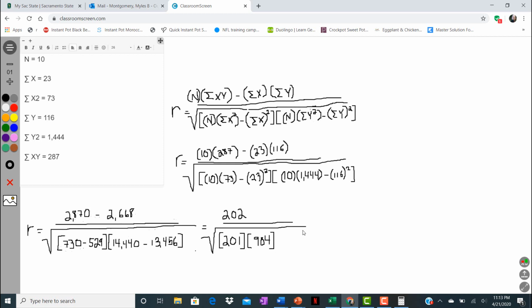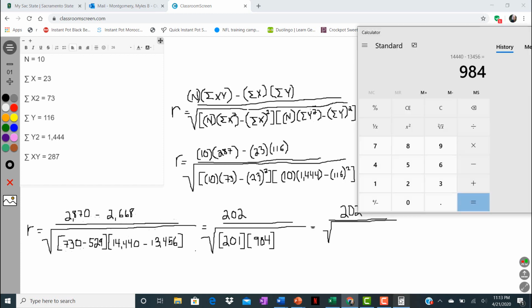Okay, so go over to this. Again, we don't want to forget that square root. What are we going to put under that square root? Oops. Here we go. Clear it out. 201 times 984.